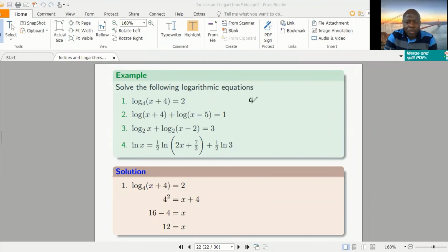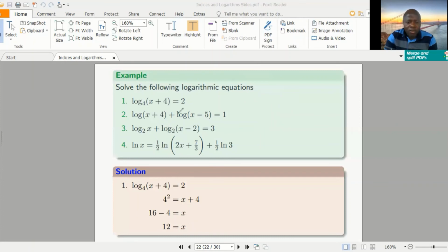It will be 4 raised to 2 is x plus 4 when you write it in index form. And of course, 16 minus 4 would be x, because this is 16, take 4 to the other side. So x is 12. That's how I did it. Very easy things.